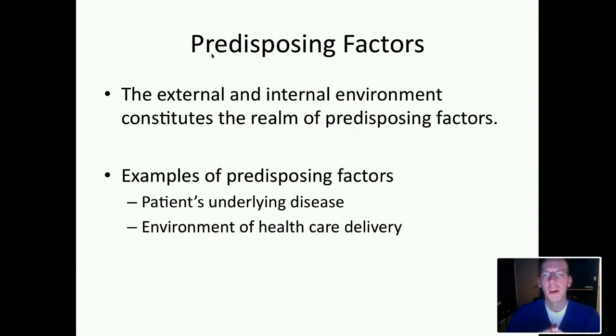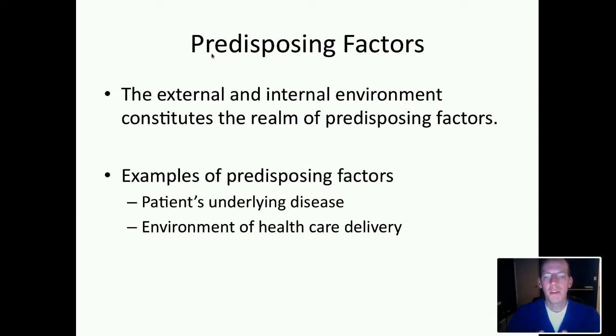These may combine with other issues like a predisposing factor, and these could be both external or internal to the environment. Some predisposing factors may be the patient's underlying disease process. If you have a very sick patient and a piece of equipment fails, that may result in a more significant crisis than if that same piece of equipment fails in a healthy person, because a sicker patient may not be able to tolerate this equipment failure.